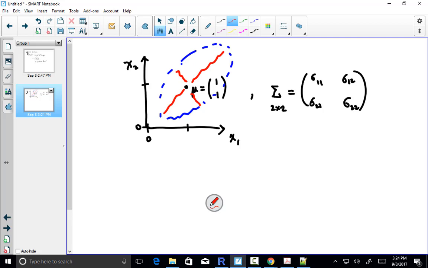There are different variances between x1 and x2. So the cloud of 95% confidence will tend to be tighter for x2 because it doesn't vary as much. And then the rotation, the fact that they're rotated and following each other along an angle, suggests correlation between x1 and x2.